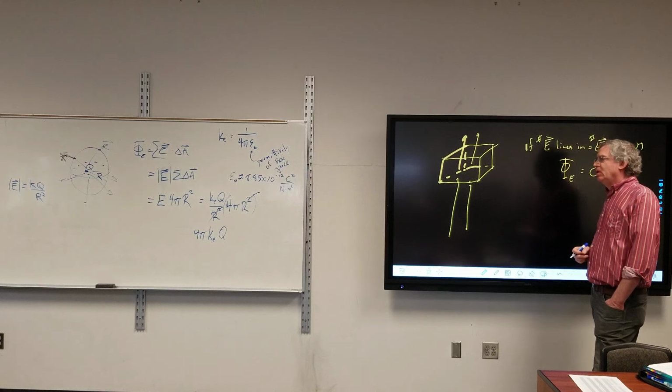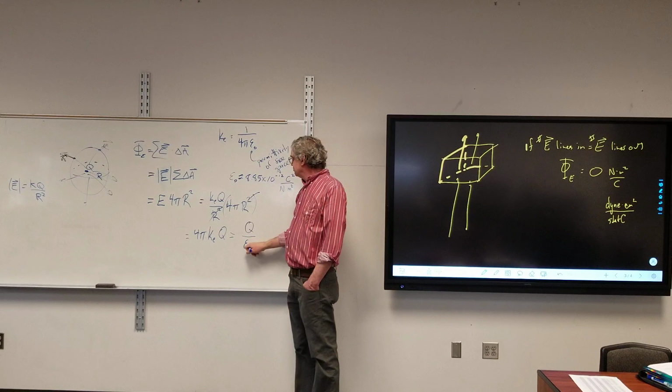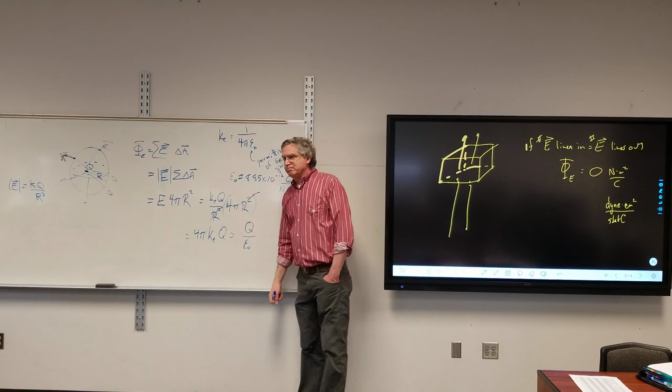Since my electrostatic constant is equal to 1 over 4 pi times this thing called the permittivity of free space, and again, this is an epsilon, this is not an E, then the 4 pi's cancel out. And what we're left with is Q over epsilon sub 0.